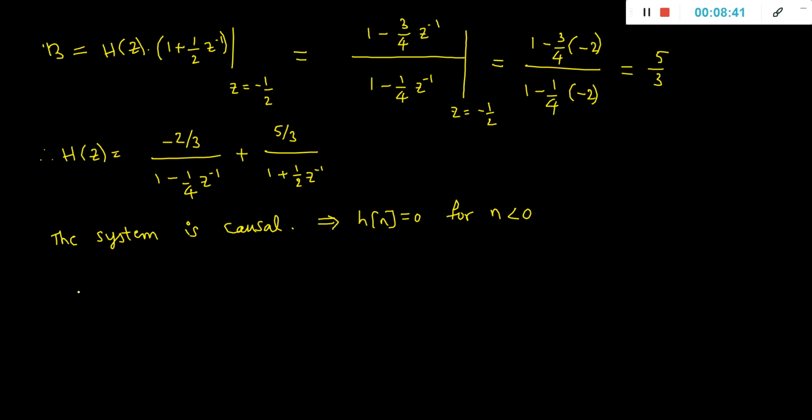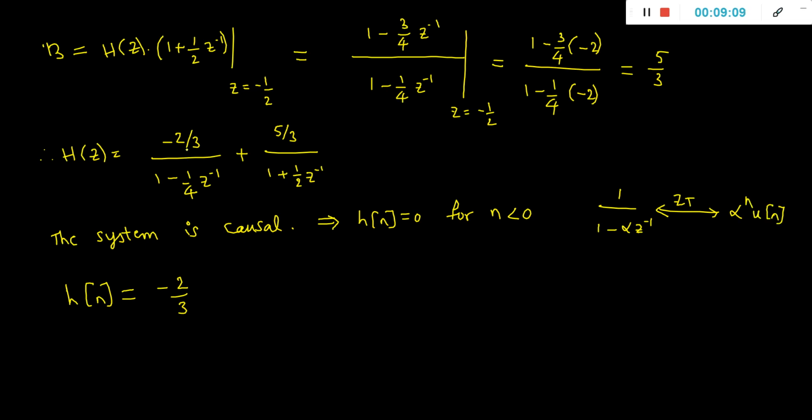And hence, taking the inverse z transform, I'm going to write h of n, which is the required impulse response, is equal to minus 2 by 3. We know that 1 divided by 1 minus alpha z inverse forms a z transform pair with alpha raised to n u of n. So this is meant for a causal system. So I'm going to write the same thing over here.